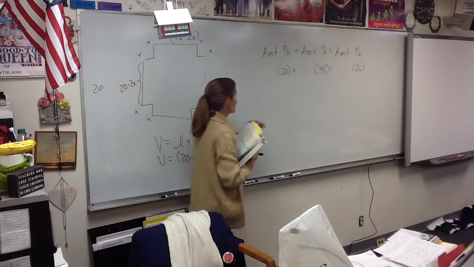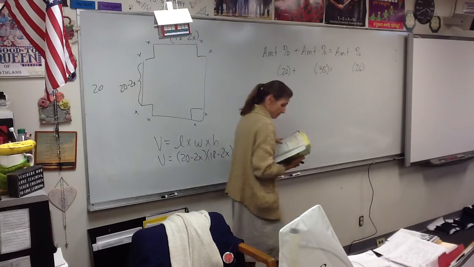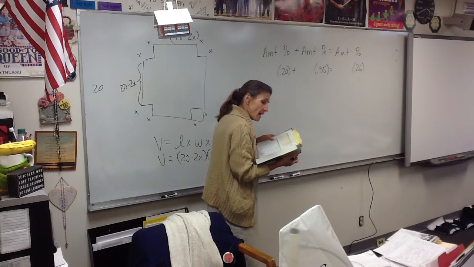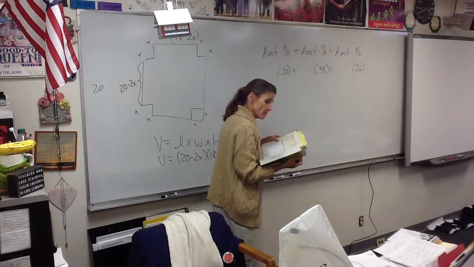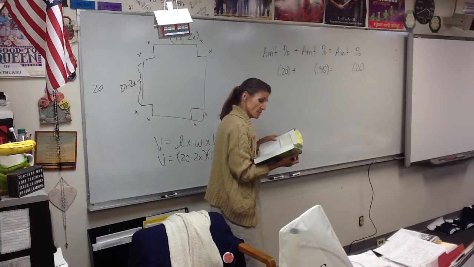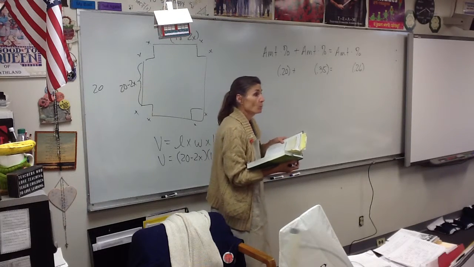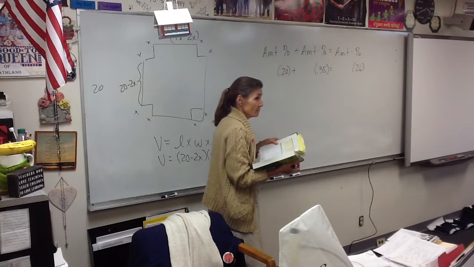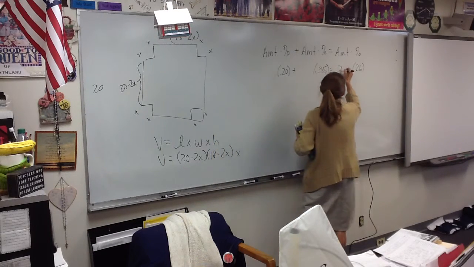Now, the only amount I know, other than the percentages, is what? The 25. That's the amount that I end up with, right? So the 25 is going to go right here.